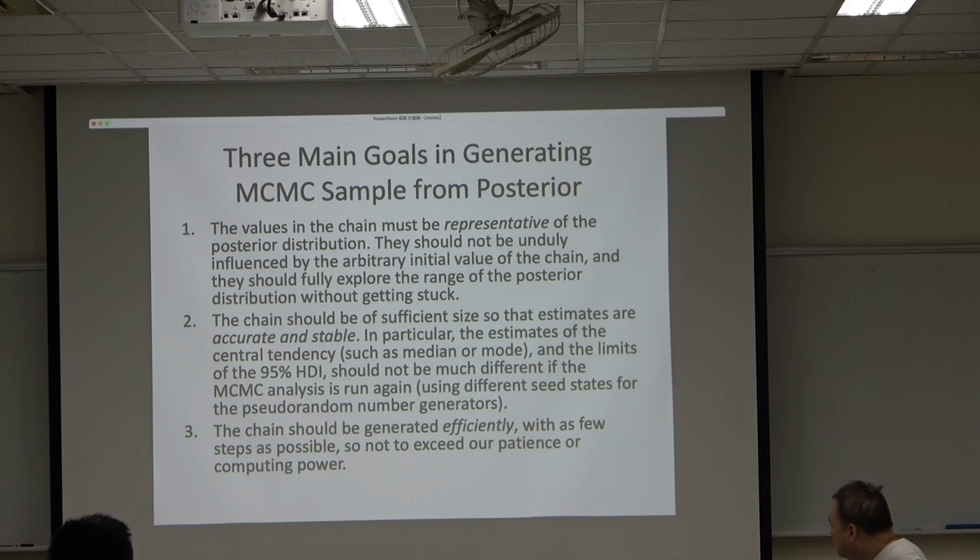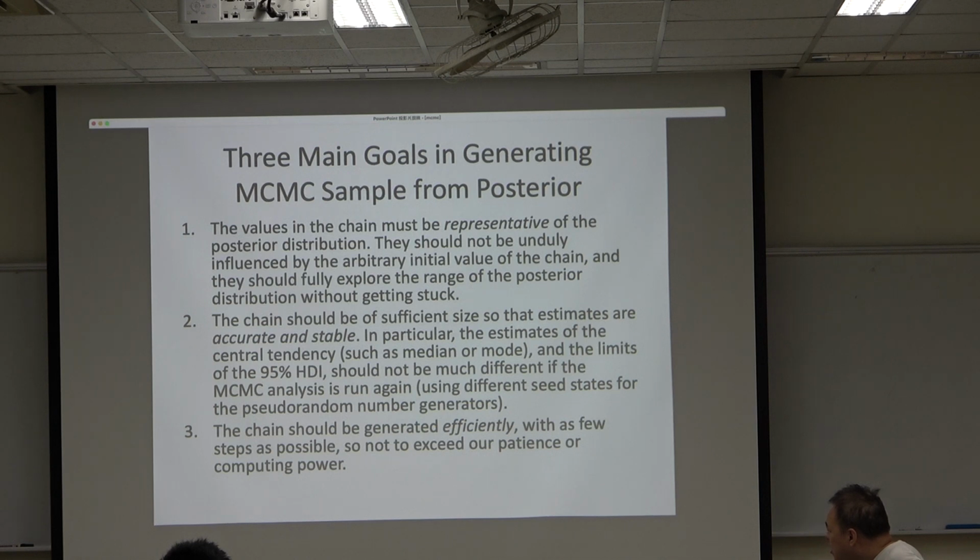So in doing Bayesian data analysis, we normally just generate tens of thousands, about 10,000 to even 20,000 samples for each chain. But again, that depends on which type of sampling technique we are using.